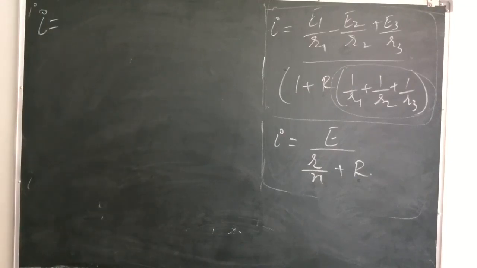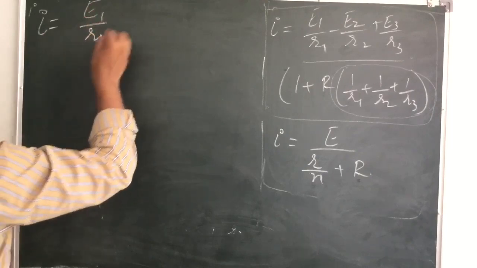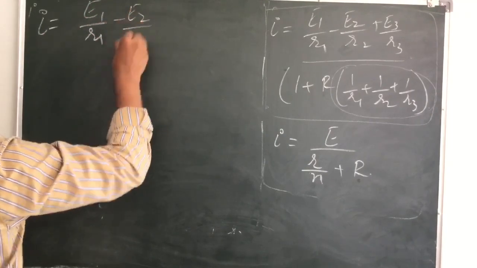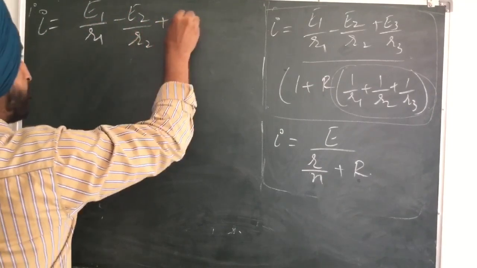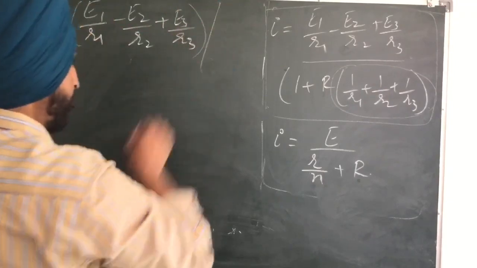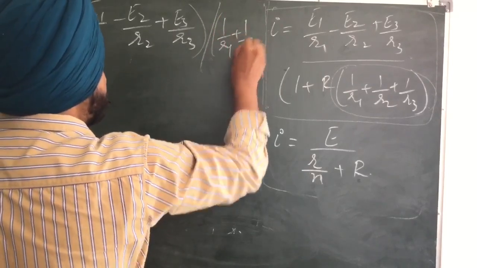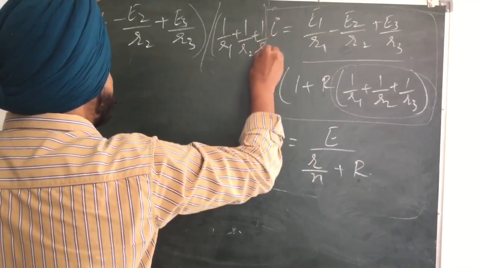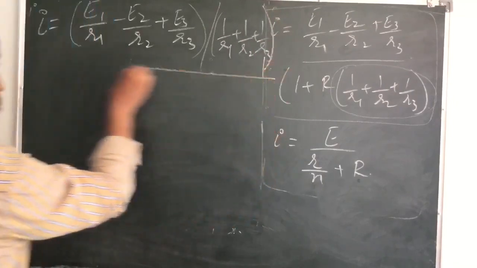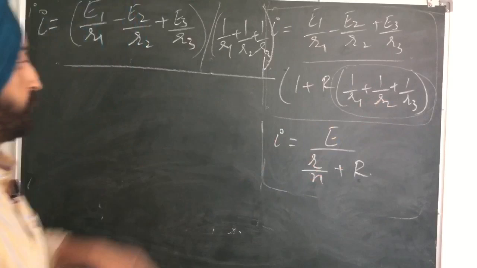So if I do that, I will be left with E1 by R1 minus E2 by R2 plus E3 by R3, this value divided by 1 by R1 plus 1 by R2 plus 1 by R3. Similarly, in the denominator, I am dividing these two values by 1 by R1 plus 1 by R2 plus 1 by R3.